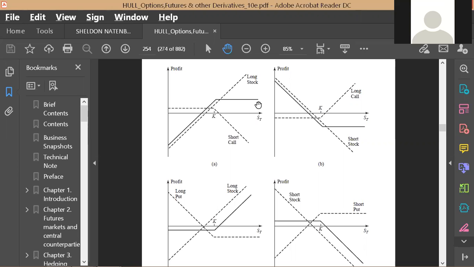Because in the original position, the short put, for all scenarios where the market price is above K, there is some positive profit. So your net result has to give you this kind of outcome, where for all prices above K you get some amount of money, and for all prices below K you lose money in a proportionate manner.